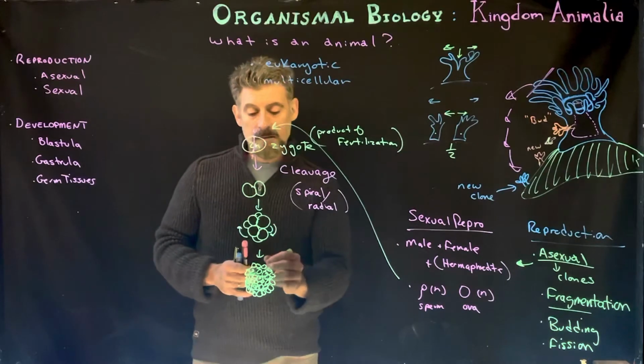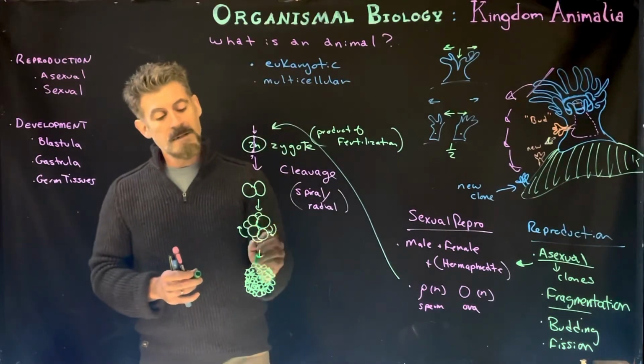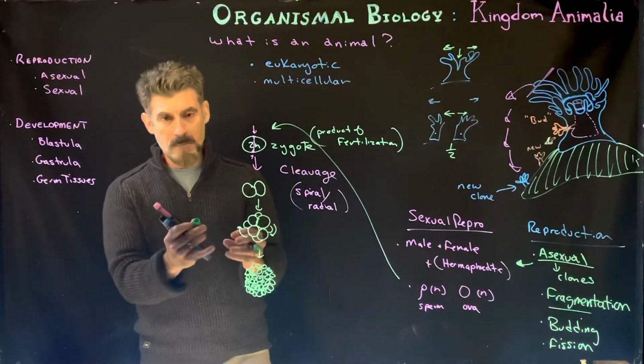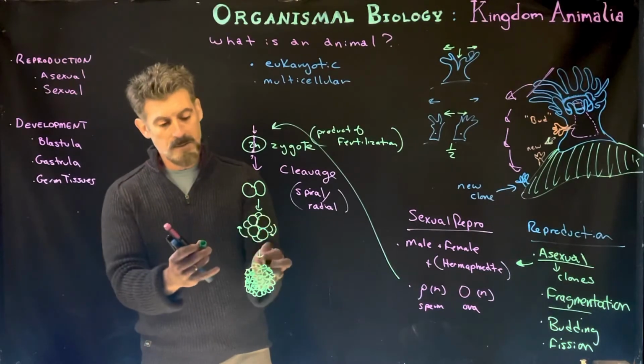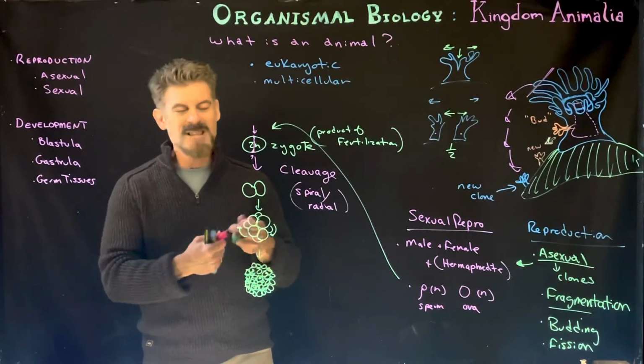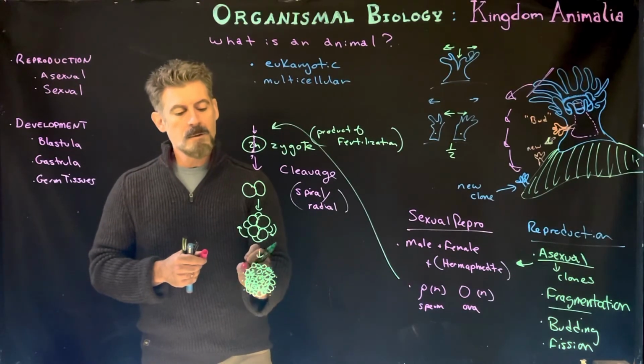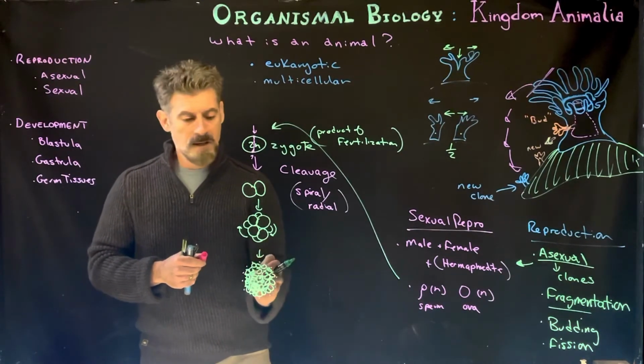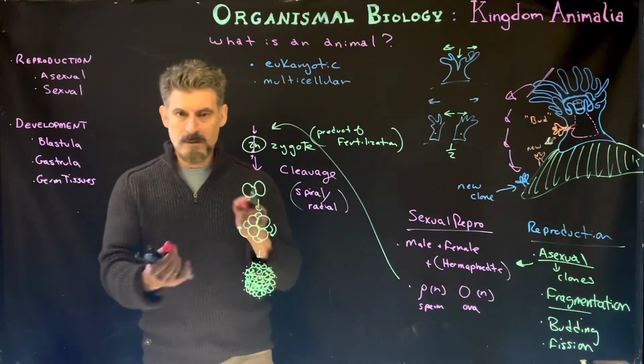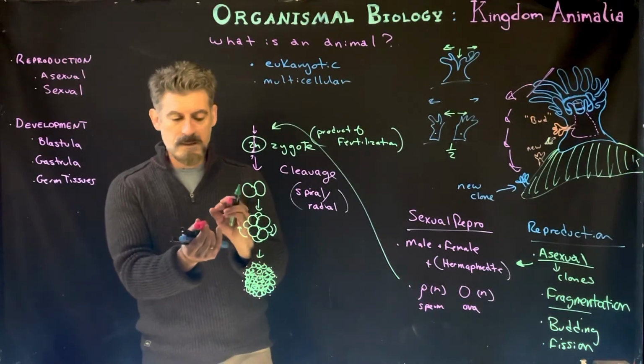In the blastula, some of the cells in the interior start to secrete molecules toward the very inside. So there's differentiation. Cells on the outside are expressing different genes than cells on the inside, the center of the ball.